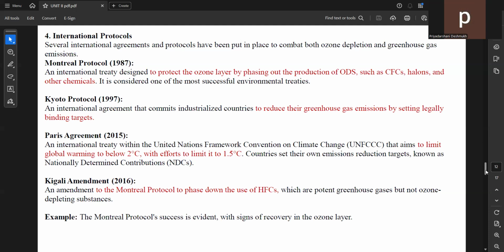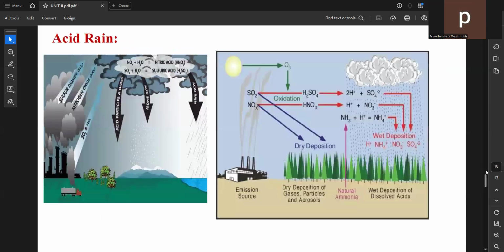So there are the Montreal Protocol, Kyoto Protocol, Paris Agreement, and the Kigali Amendment. These are the four main protocols and agreements that we have made to protect the ozone layer, the greenhouse effect warming and our earth.